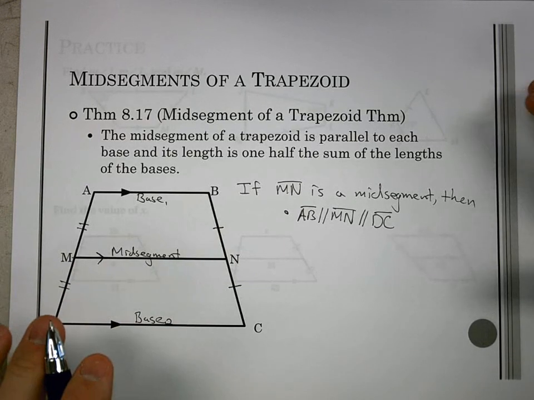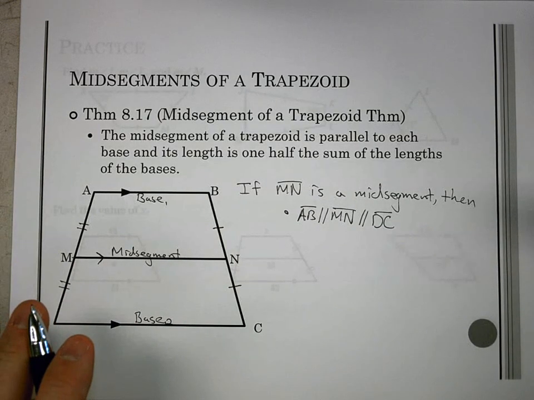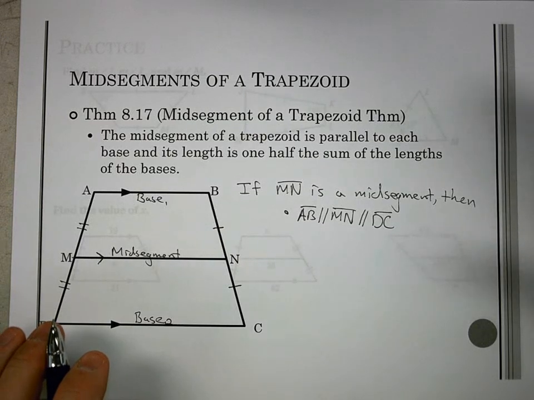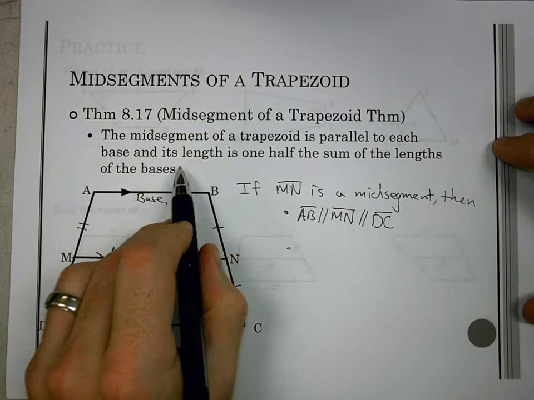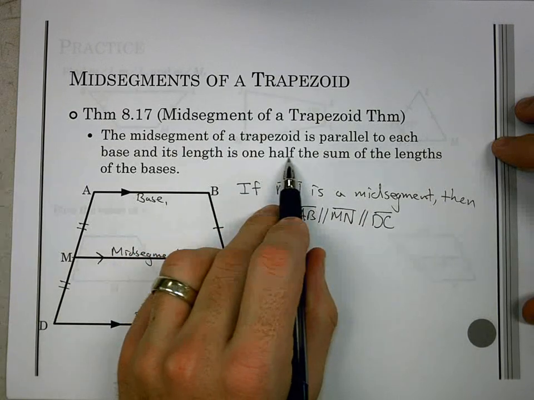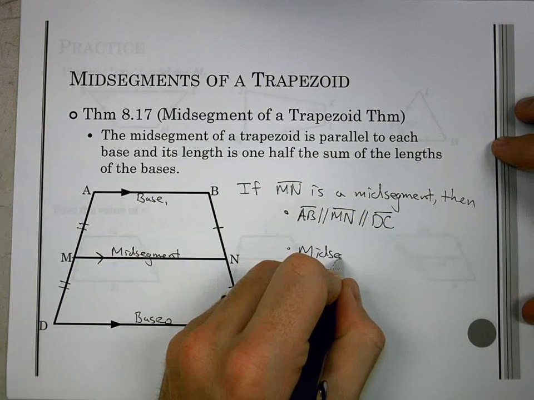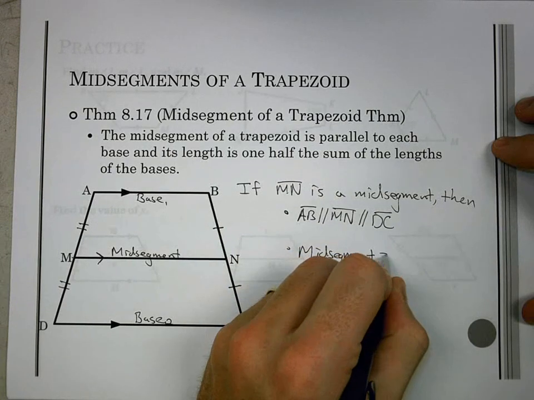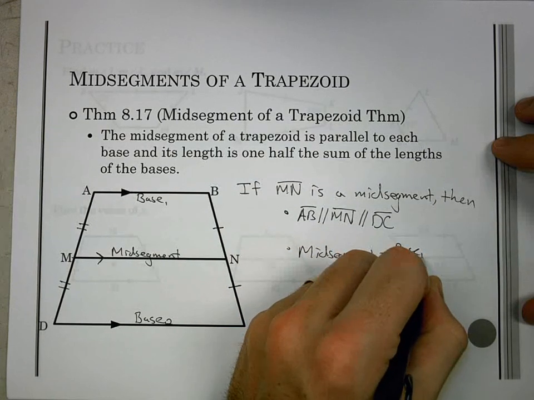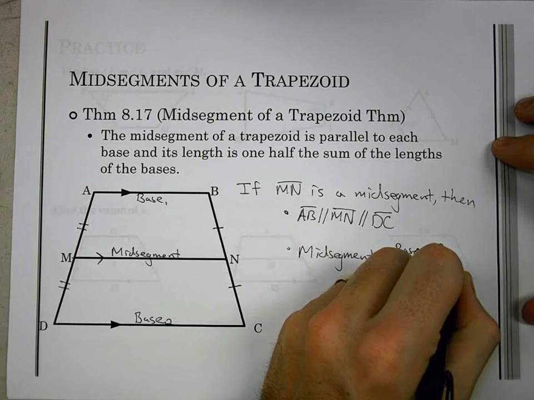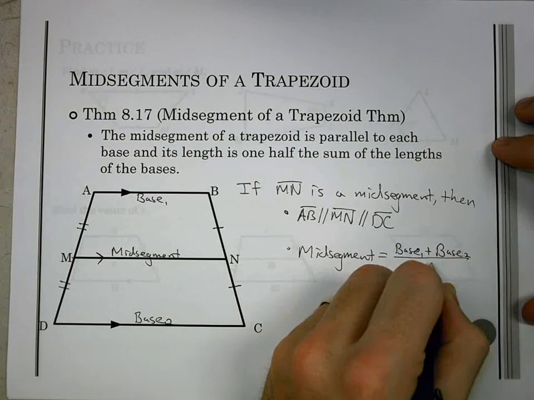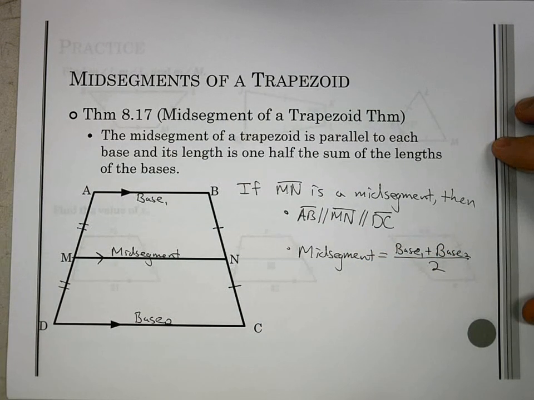If they had it on a graph, we could look at their slopes to see if they all would have the same slope. But what we're really going to use it for is what it says here. The length is 1/2 the sum of the lengths of the bases. So the midsegment is equal to base 1 plus base 2 divided by 2. Now, let's change to fit the diagram we have.